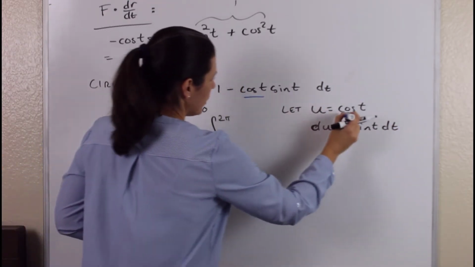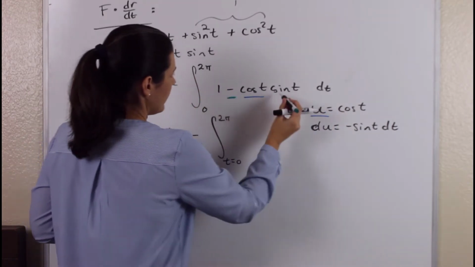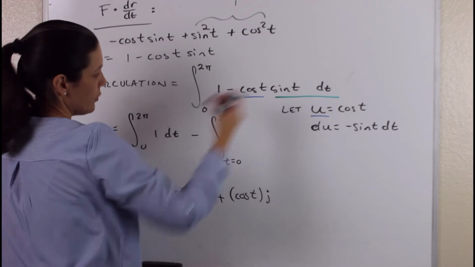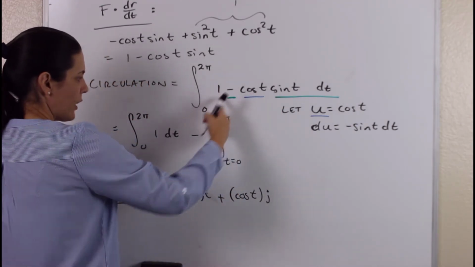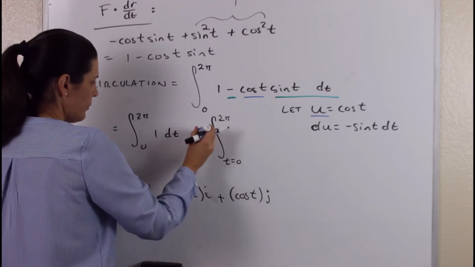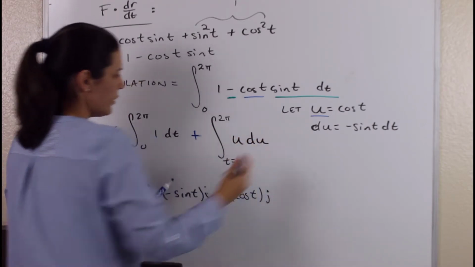Here's u, and then here's dt, or du, excuse me, negative sine t dt. So then the minus actually right here becomes a plus sign, and this is just u du.